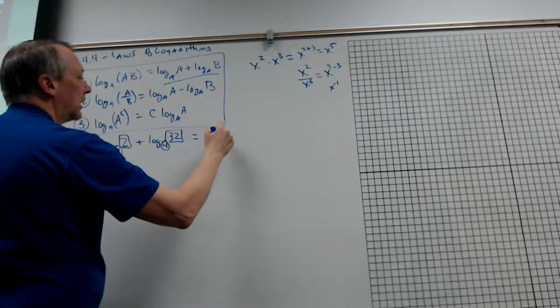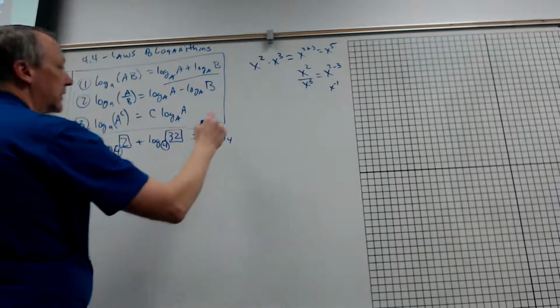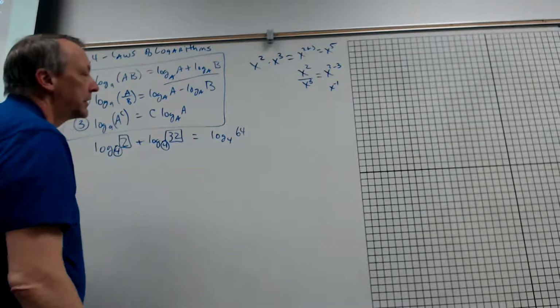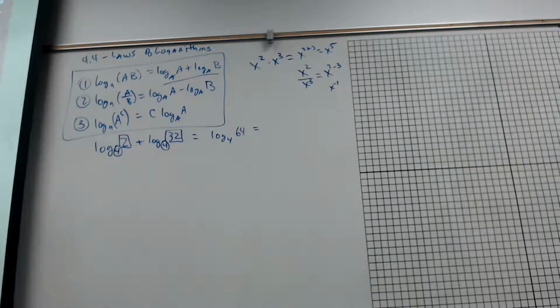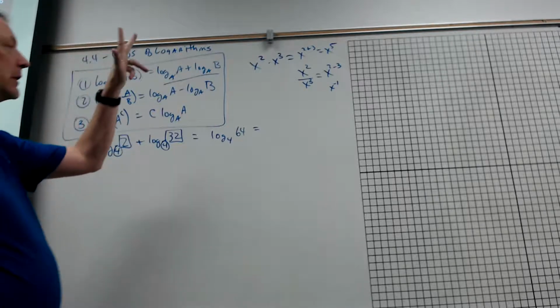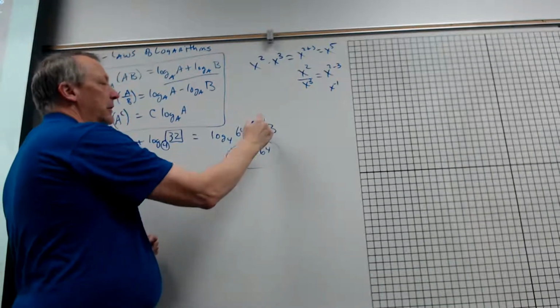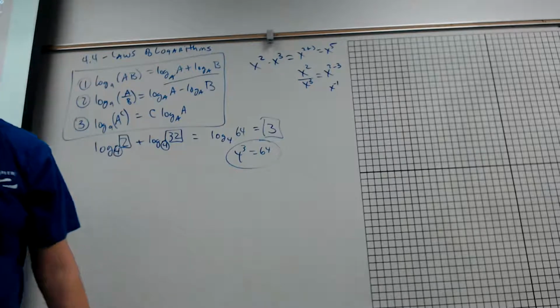So this becomes log base 4 of what number? 64, right? 32 times 2 is 64. Okay? So 4 to what power equals 64? 4 times 4 is 16, right? Times 4 is 64. 4 to the third power equals 64. The answer is 3 in this case. Does that make sense? Okay?